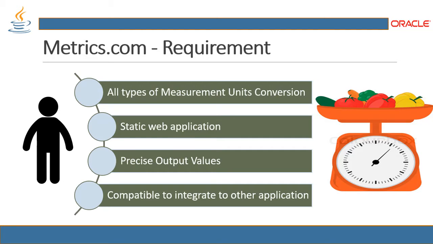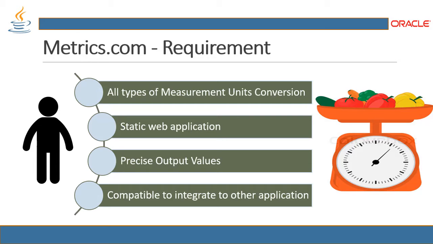Metrics.com is named as an online scale converter which will help convert all types of measurement units available worldwide. It is a static web application, so it will not include any kind of database access or server access. It is not needed; it is optional. But for now, in this project implementation, we use a static programming language to implement this feature.